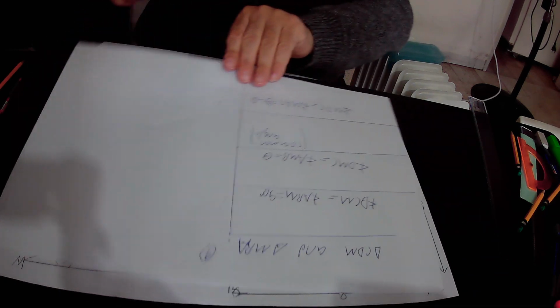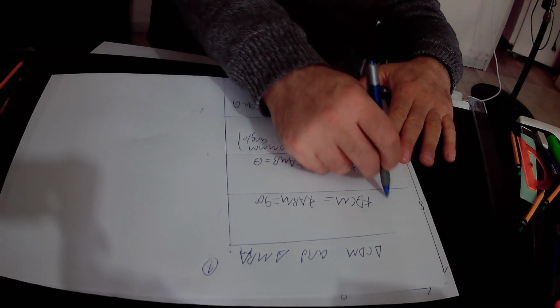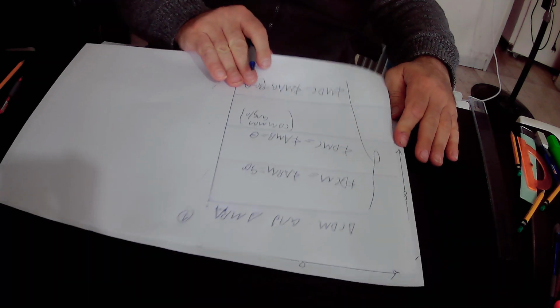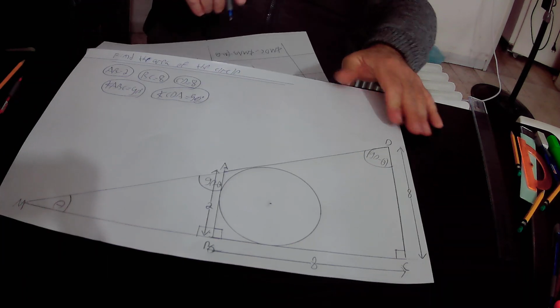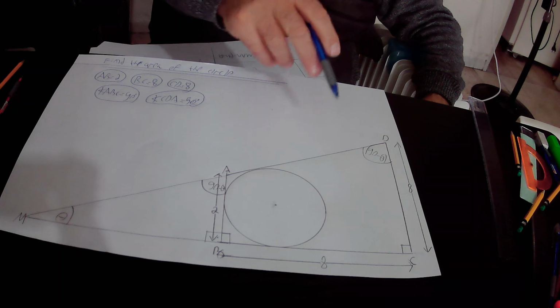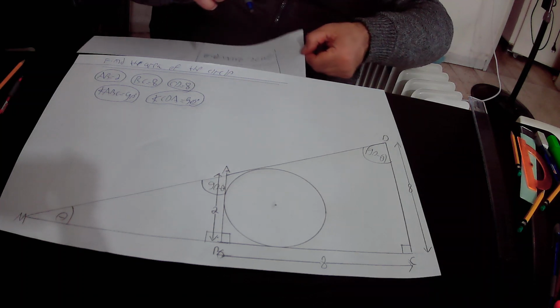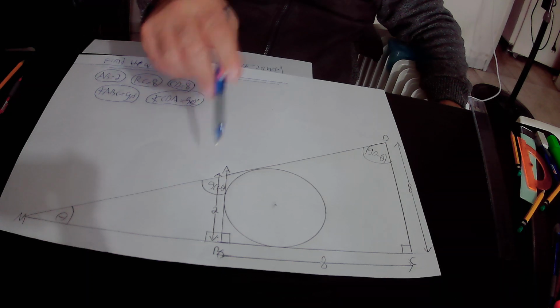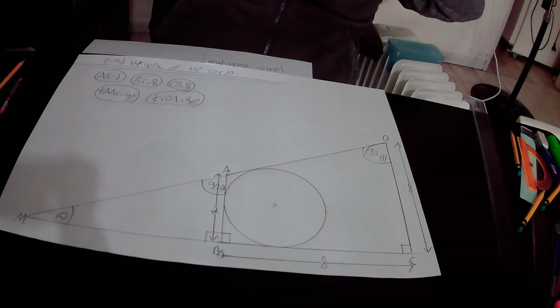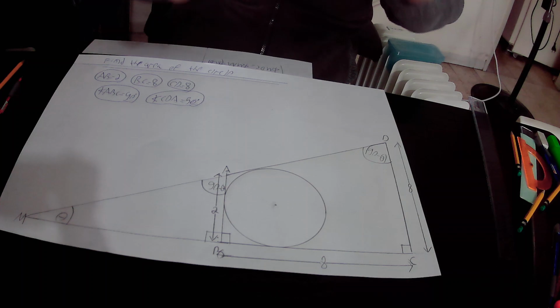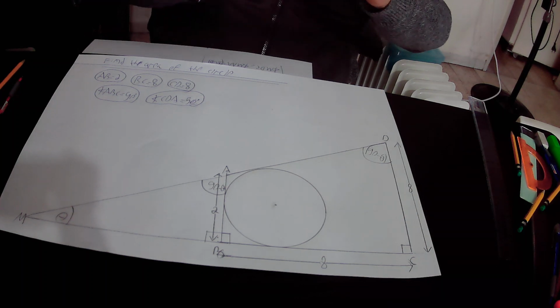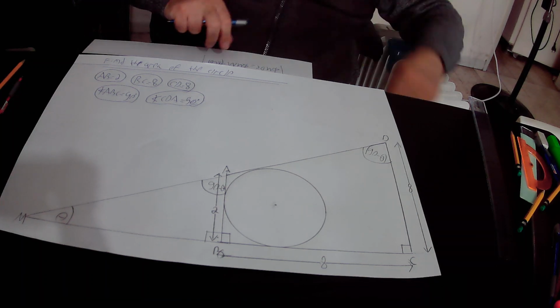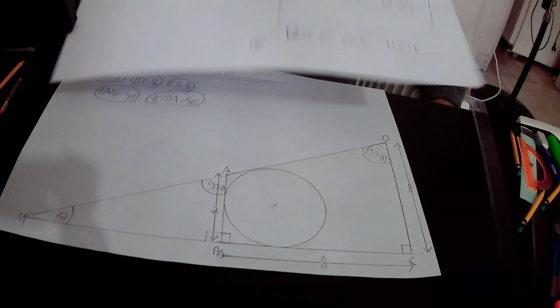So we actually proved that all three angles of the big right triangle CDM are correspondingly equal to all three angles of the small right triangle MBA. Therefore, we proved that those two right triangles are similar to each other according to the angle similarity rule. So I write it down.